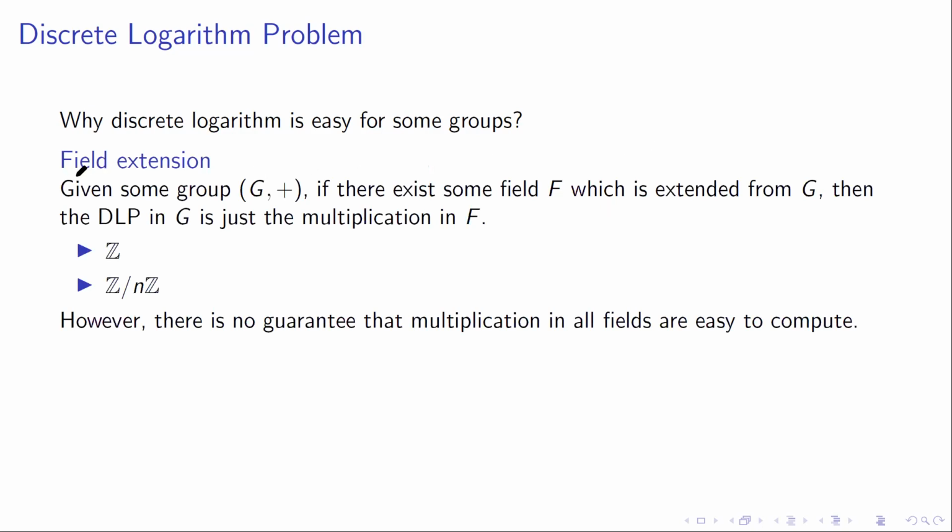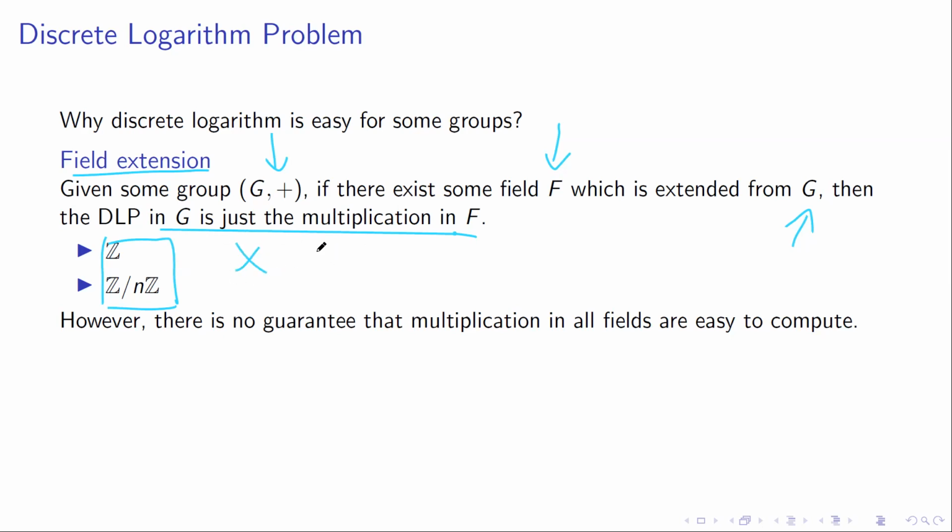First, let's look at field extensions. Given a group G, if there exists a field extension that is extended from G, then the discrete logarithm in G is just a multiplication in F. This is exactly the reason why the discrete logarithm problem in integers under addition is easy to compute, because we can just use multiplication to solve the problem.